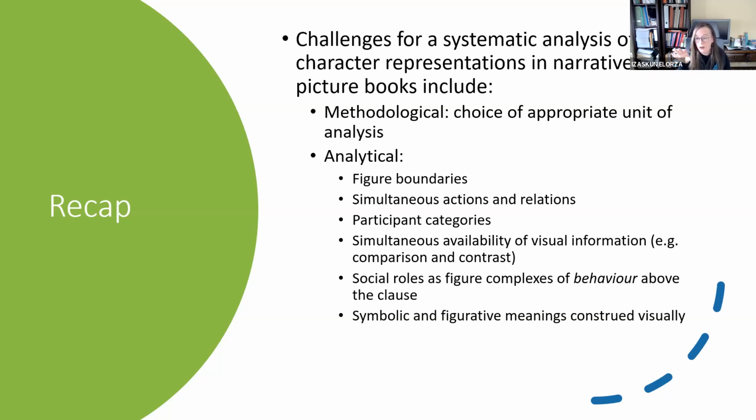So it's how we are imposing our perspective on what we are analyzing in each case. Social roles through figure complexes of behavior, which is a unit above the clause, as I said, and symbolic and figurative meanings construed.